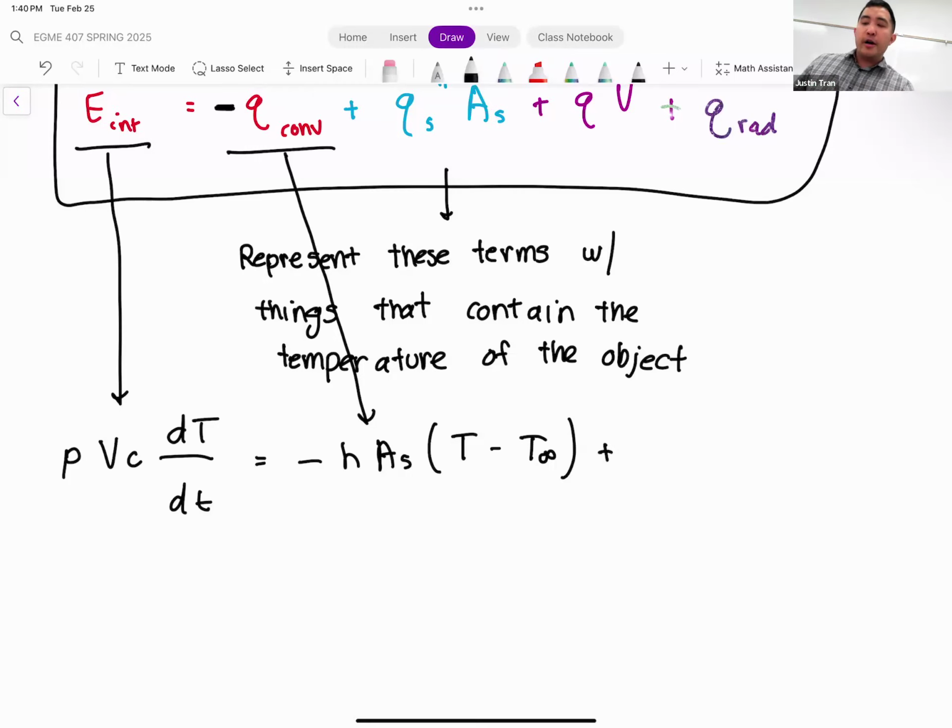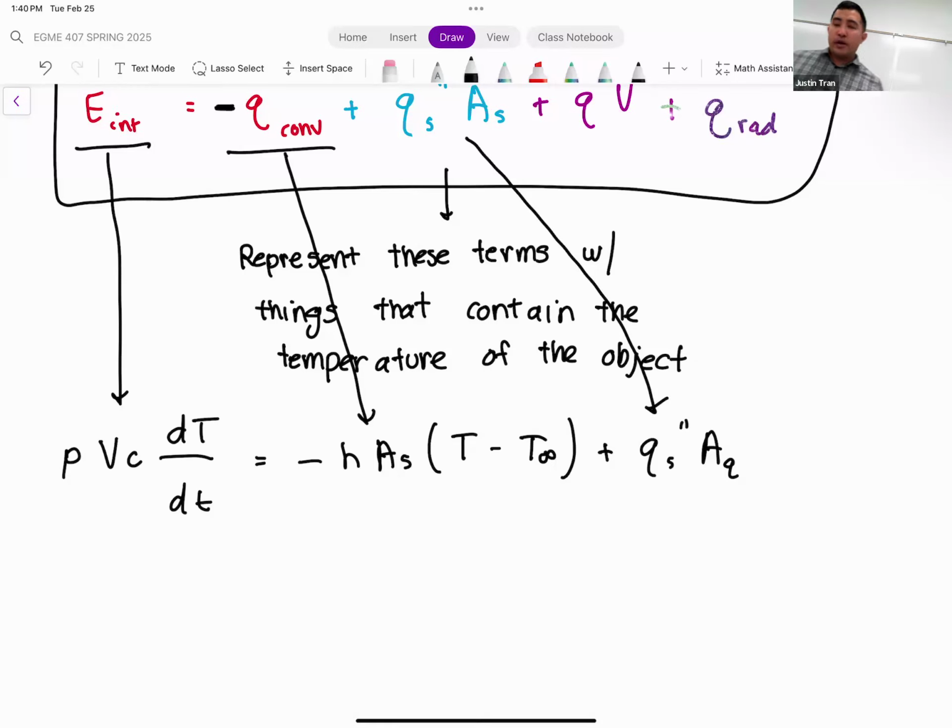For the prescribed heat flux, there's really not much we can do with that because usually when you have a heat flux, it's known how much heat you're applying to the object. And so we're just going to leave this alone. So this is going to be Qs double prime multiplied by A. Let me differentiate here: this area is often not the same area as the convection, so I'll call that A_q.